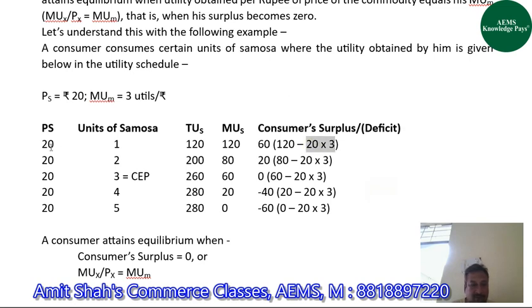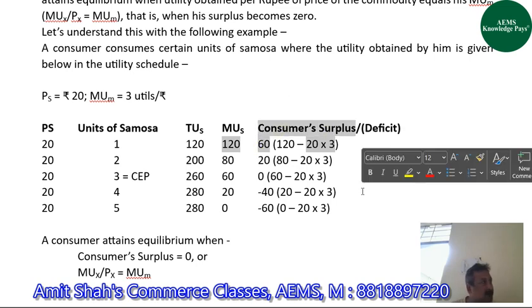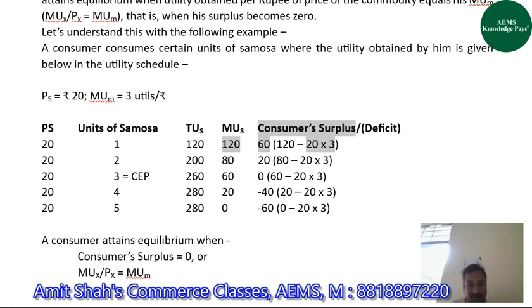Whenever he goes for a samosa, his expectation is 60 utils. If he gets more than 60, then the excess is his surplus. If he gets more than his expectation, then the excess is his surplus. Here he does not have any surplus. He knows that if he goes for the fourth one, instead of surplus, he will have a deficit.